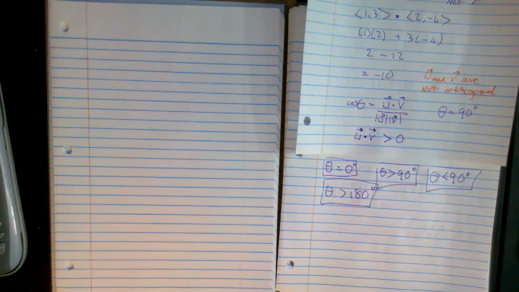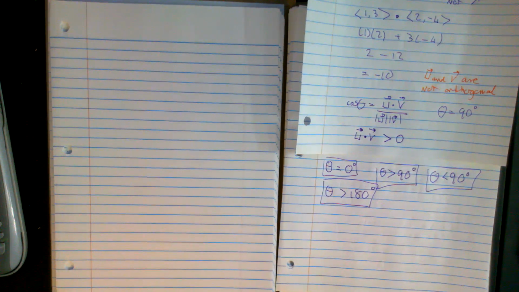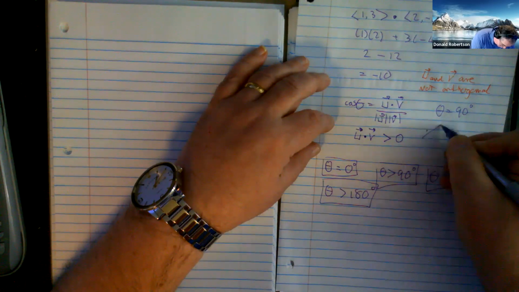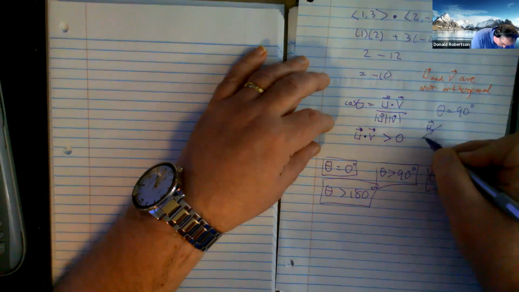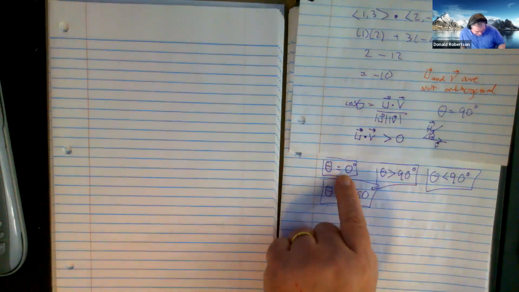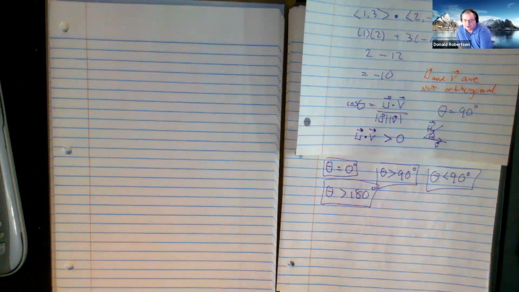Would that be greater than 90? Mm-hmm. So what else is good if it's not that one? You want to say the question again? Yeah. What is the angle between the two vectors, U and V? Is that angle 0? Is it greater than 90? Is it less than 90? Or is it greater than 180?